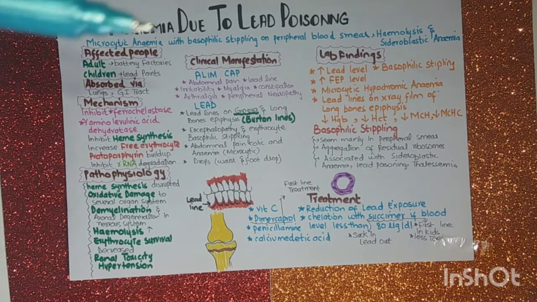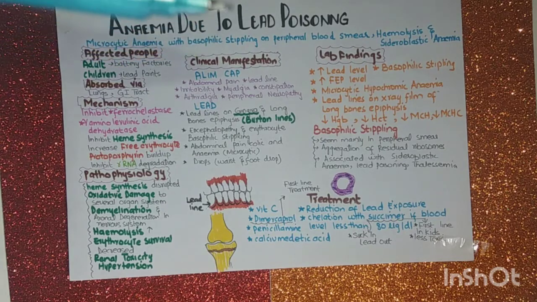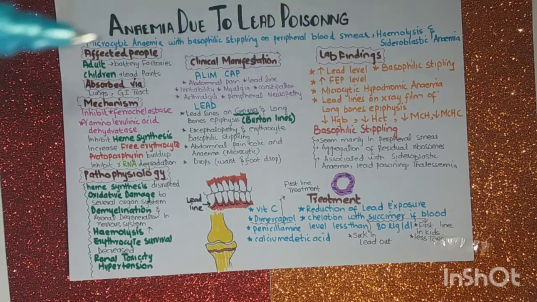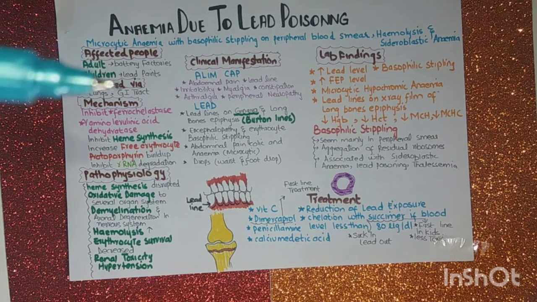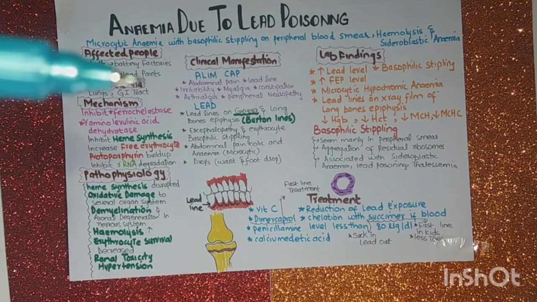Okay guys, what we studied in today's lecture is anemia due to lead poisoning. It is microcytic, MCV less than 80 femtoliter, with basophilic stippling, aggregation of the ribosomes on the peripheral blood smear, hemolysis and sideroblastic anemia. The affected people are adults and children, those who work in battery factories and who use lead pens for drawings. It is absorbed via the lung and GI tract.